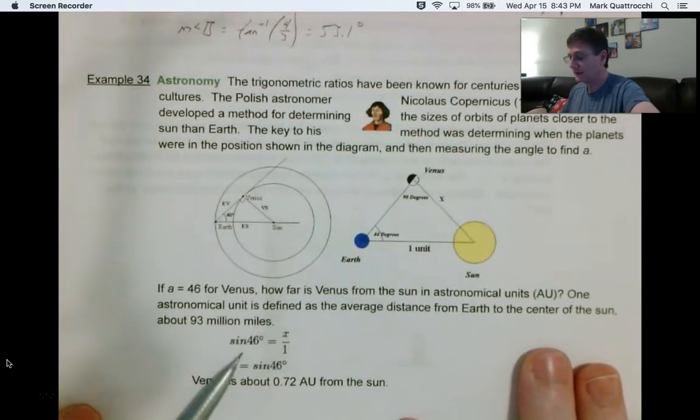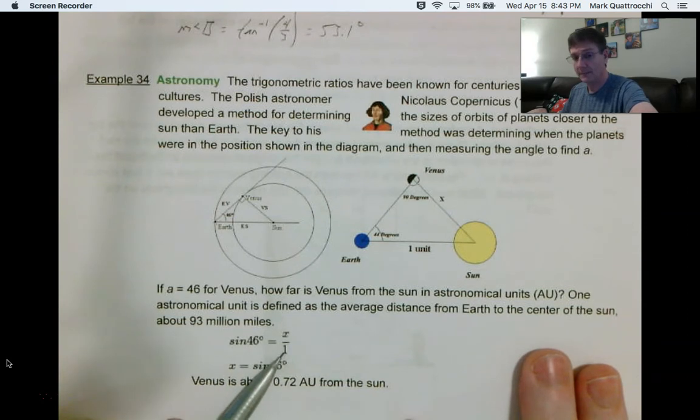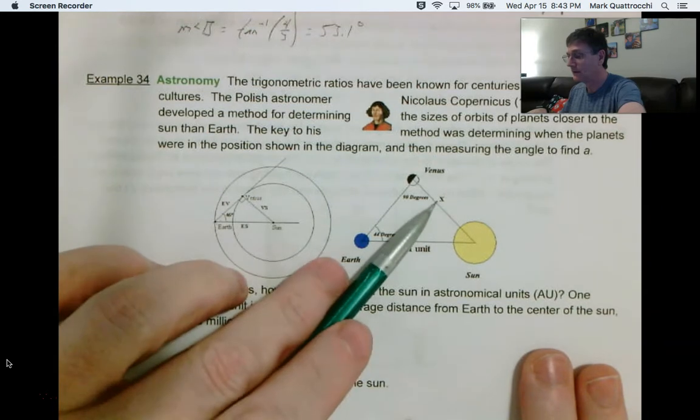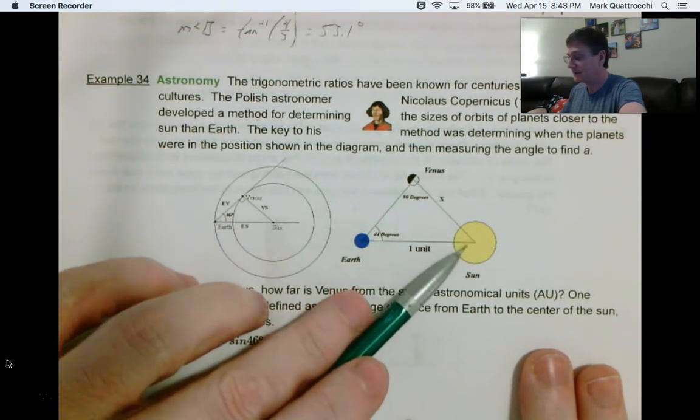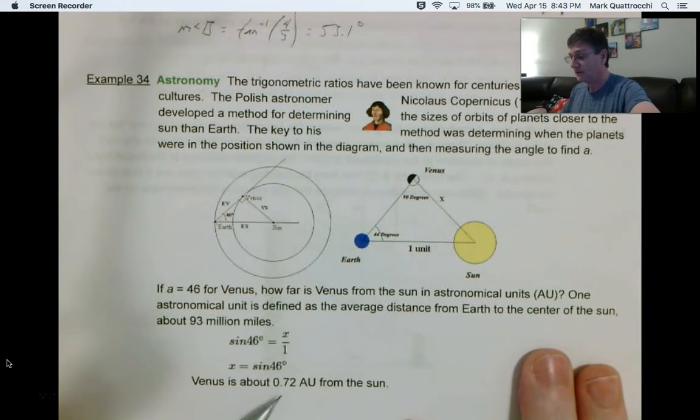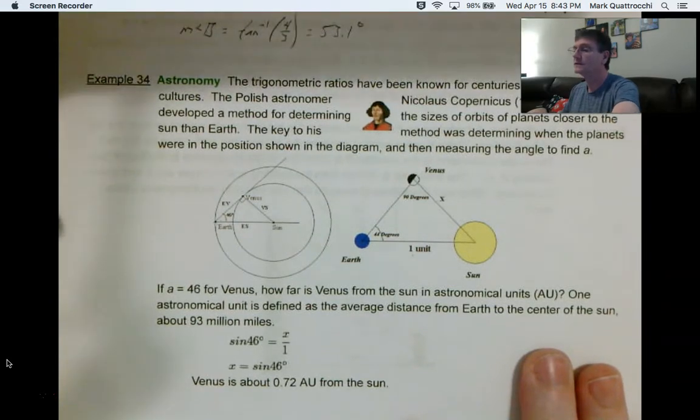So in this problem, sine of 46 degrees is equal to x over 1, x being the distance from Venus to the Sun, over 1 being the distance from the Earth to the Sun. So Venus is approximately 0.72 astronomical units to the Sun.